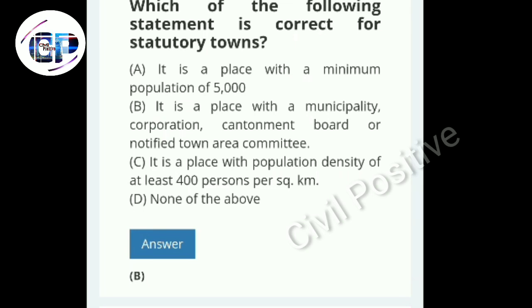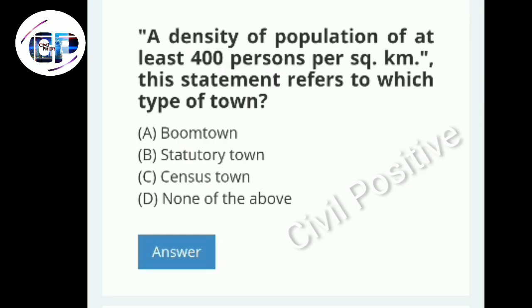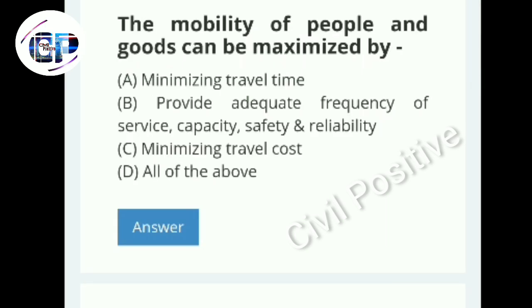Answer B. A density of population of at least 400 per square kilometer: this statement refers to which type of town? C, census town.